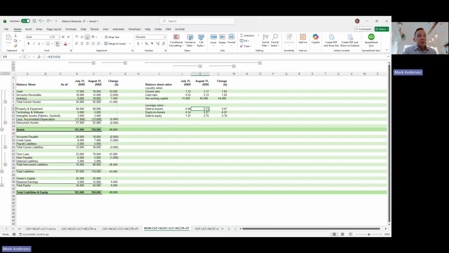You know, this equaling 1 all the time, this will always equal 1. This one doesn't. So it's a little bit of a trickier number to understand. But that's what that means, that you have 275% more in debt than you do equity. All right, so that's that one.